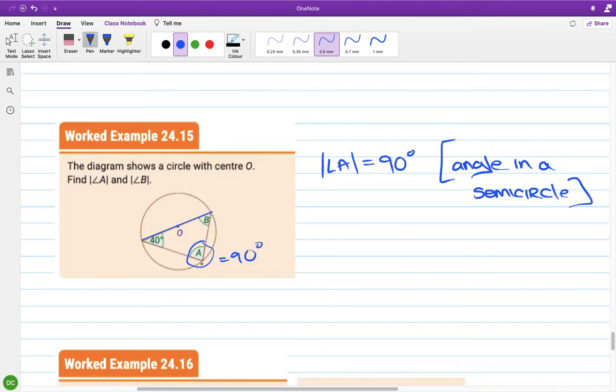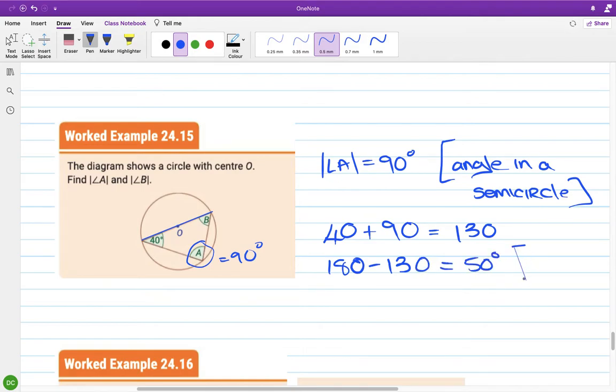Then it's kind of irrelevant. Once you've got that, it's irrelevant that you have a circle around it. You still have a triangle. So we know that the 3 angles of a triangle add up to 180. So 40 plus 90 is 130. 180 minus 130 is 50.